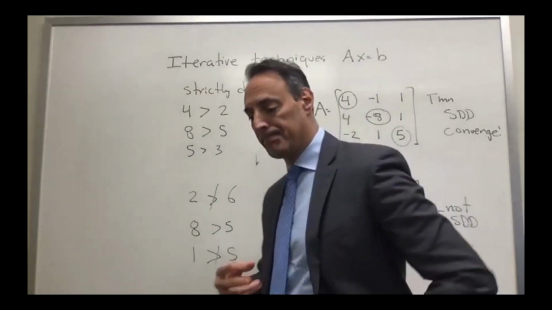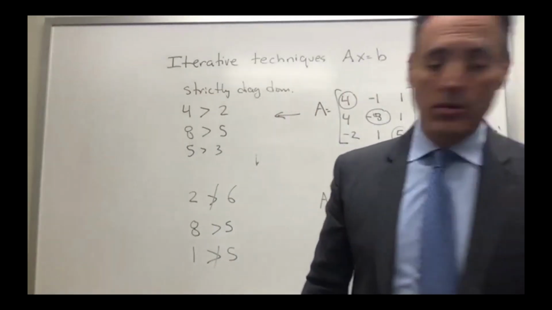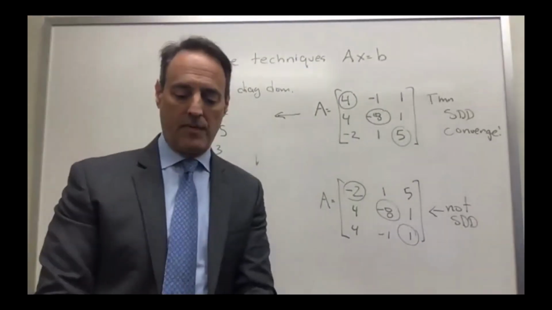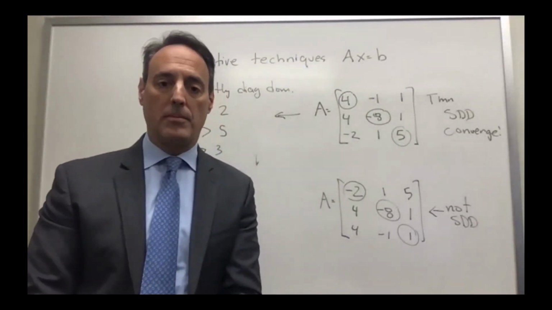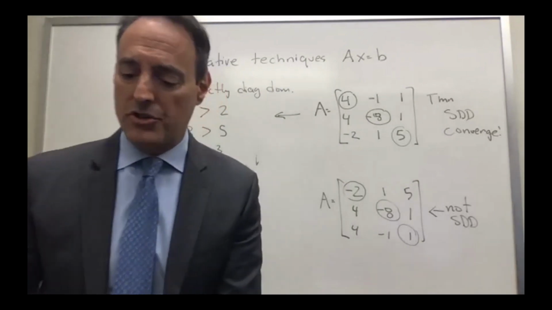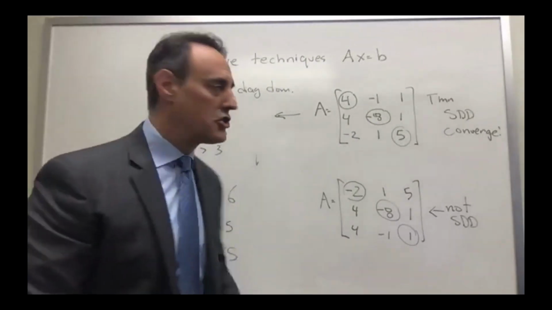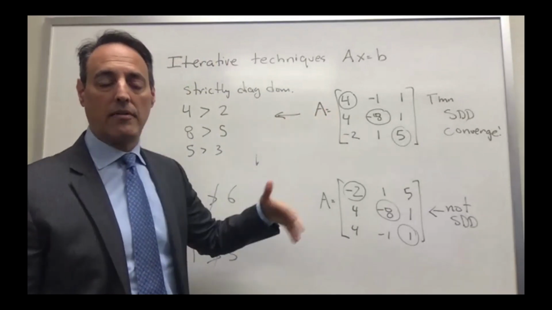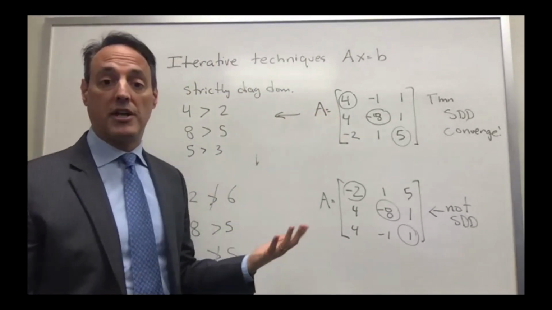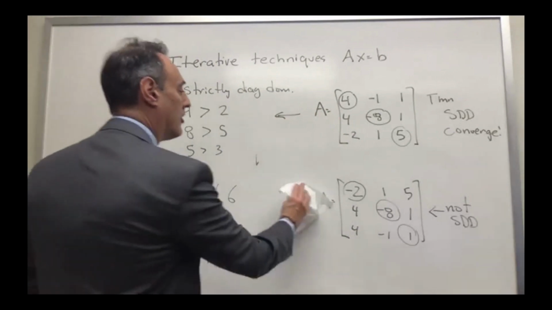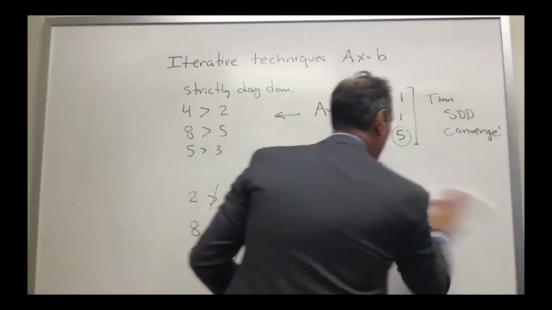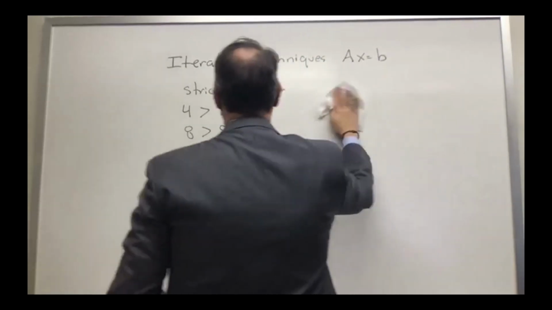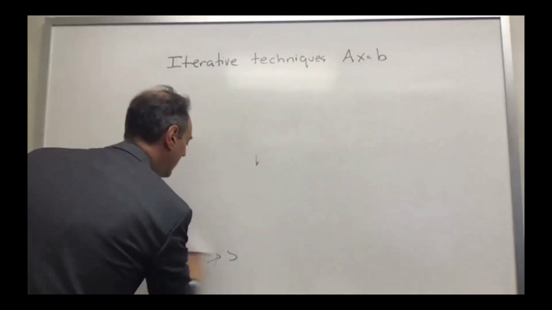A lot of scientific computing revolves around solving high-dimensional, big-scale problems. A lot of those high-dimensional systems generate matrices that tend to come from differentiation matrices. So, for instance, let me draw you something.